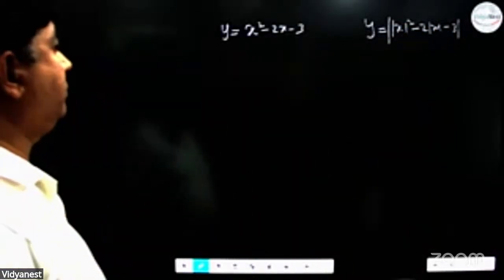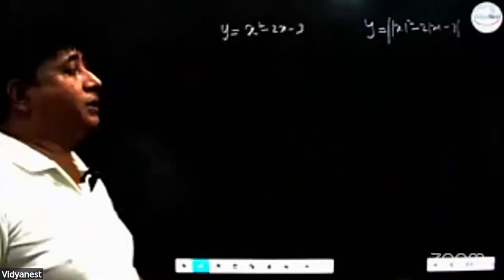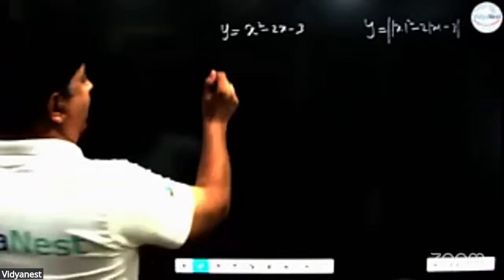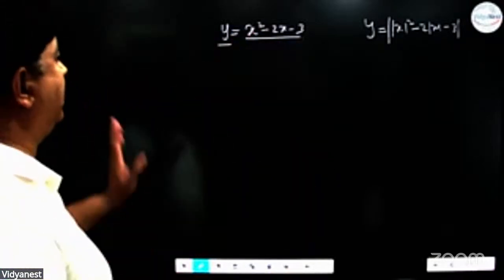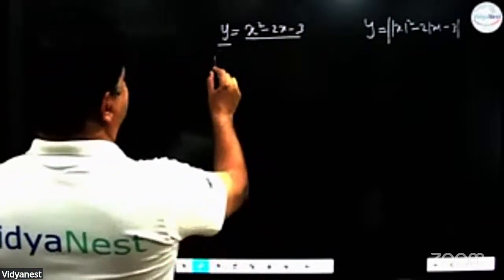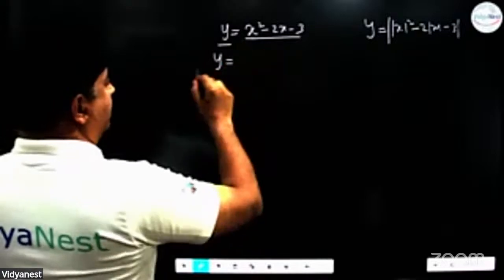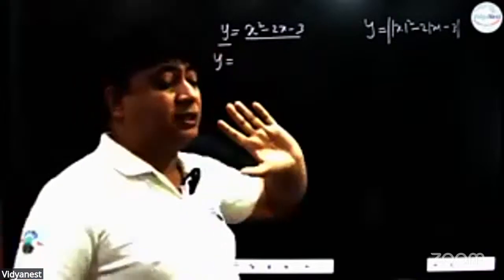Now I will remove all the mods. First, a normal graph is to be drawn, and it is clear that it is a quadratic expression. Y has a quadratic expression on the right hand side. So how to draw it? You convert it into a perfect square form, or you can do it by differentiation also.